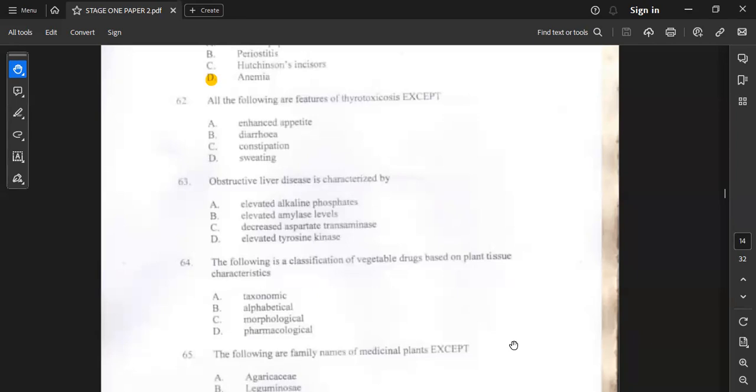Can somebody take us through the causes of hyperthyroidism? Or what do we know about hyperthyroidism?